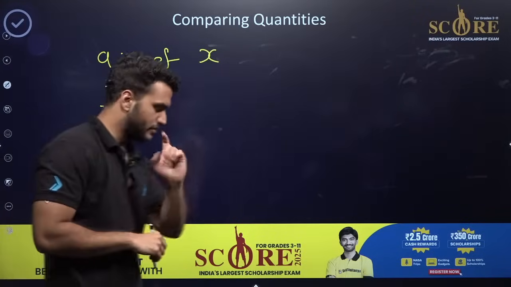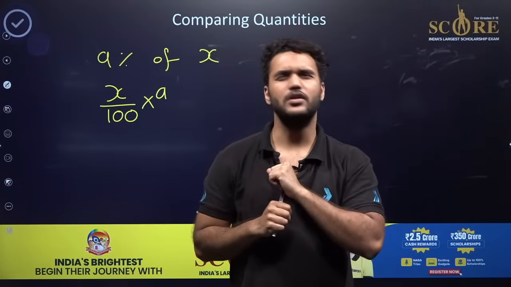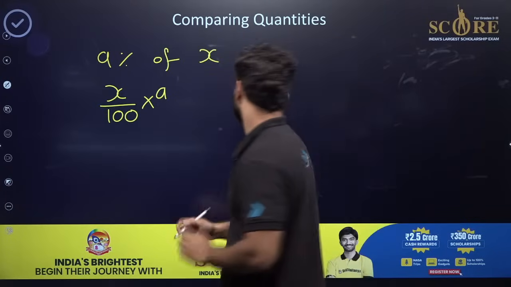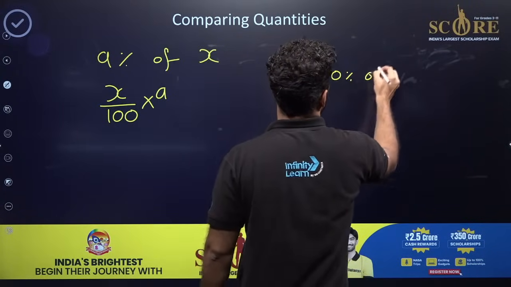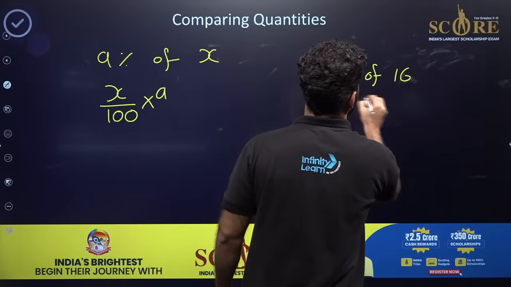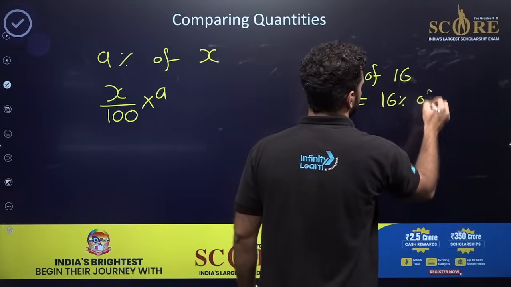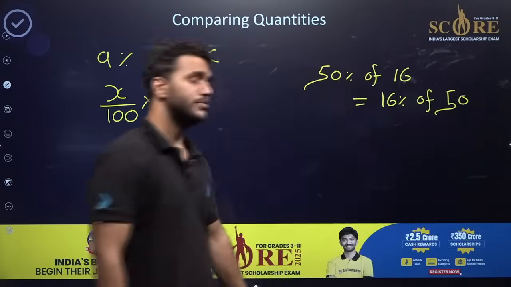Okay, there is one more fun fact which is not related to your studies, but I just wanted to tell you that 50% of 16 is equal to 16% of 50. What does it mean?